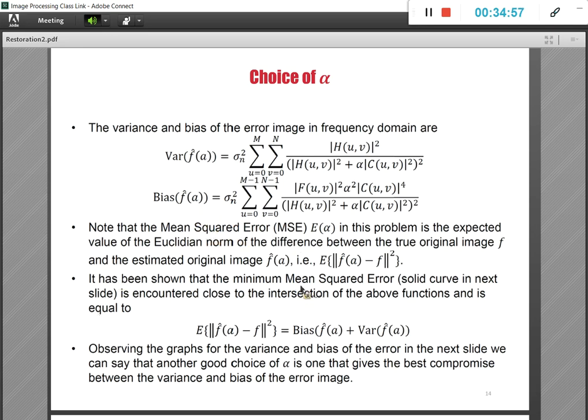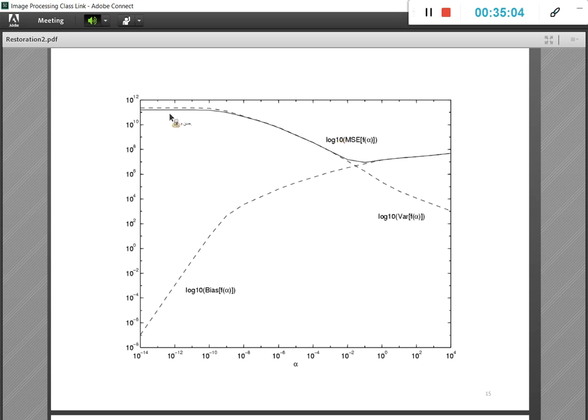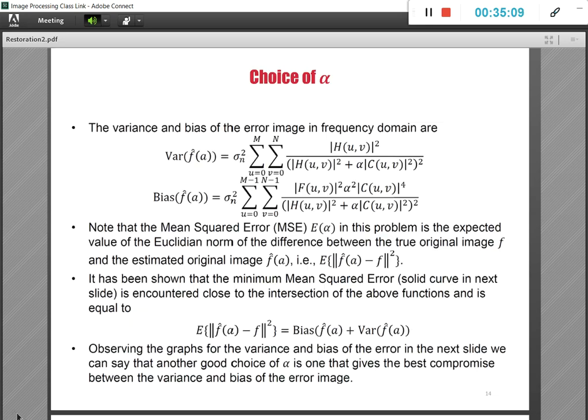It has been shown that the minimum mean squared error, in this slide, the solid curve, this item, is encountered close to the intersection of the above functions, and the expected value of the mean squared error is bias plus variance of F hat.